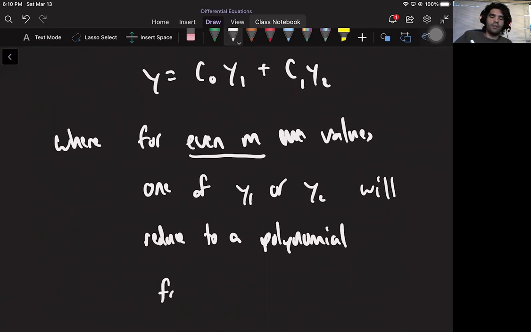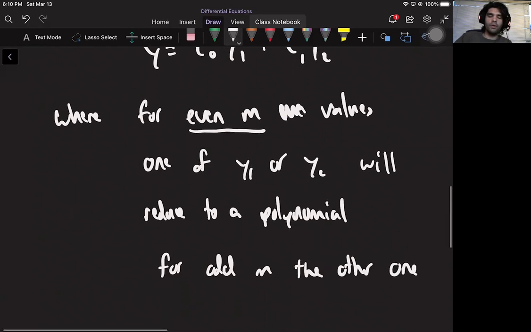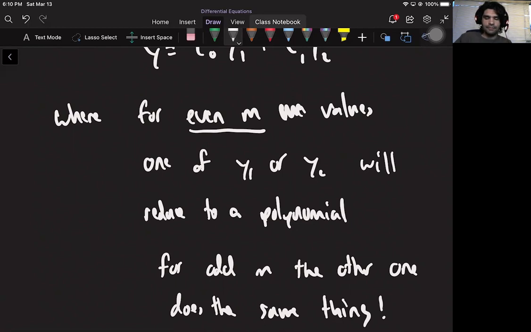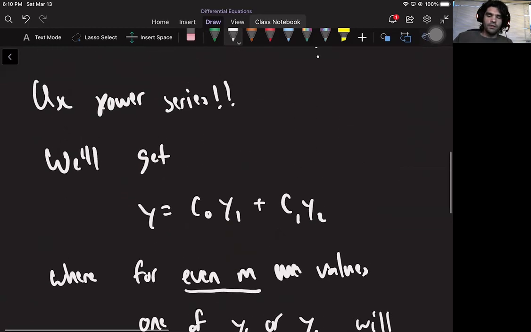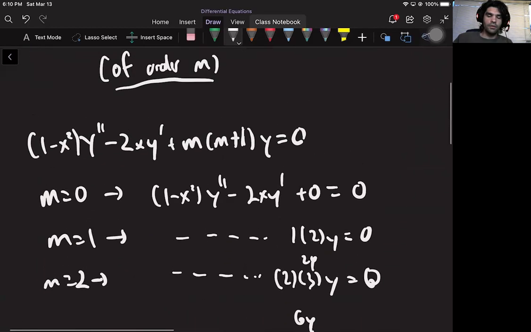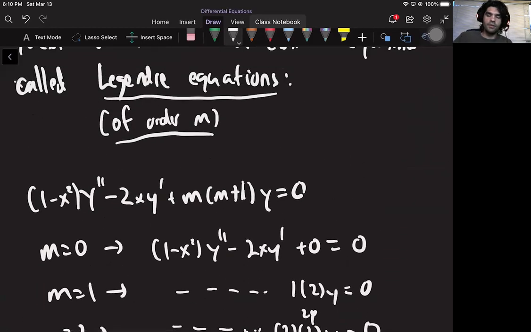And then for odd m, it'll be the other one. It does the same thing. So we'll see that at the end. And these polynomials that you get have very special properties. Okay, so let's get started in solving this class of equations using a power series.